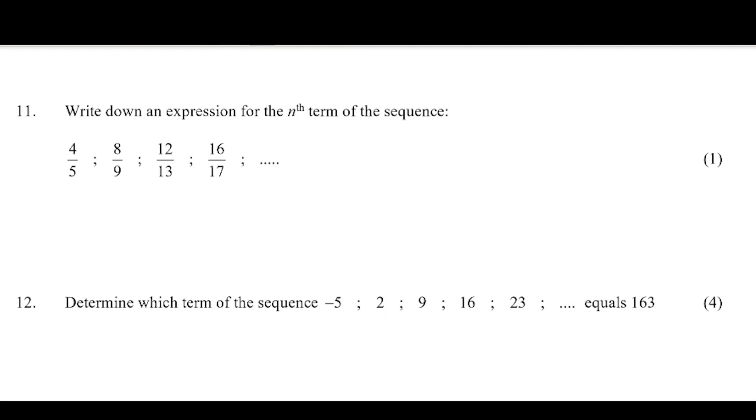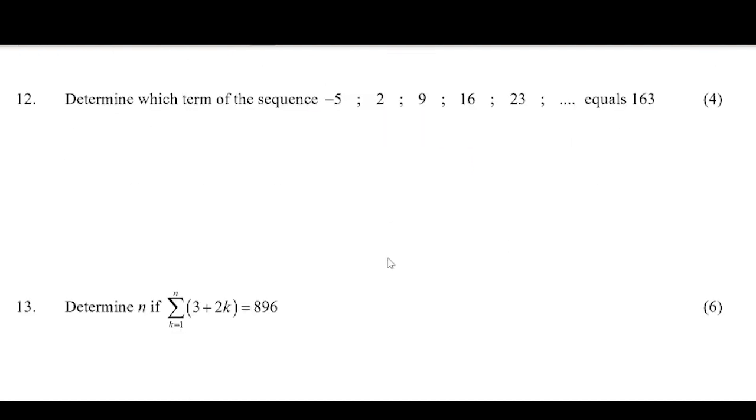So the nth fraction will just actually have 4n on the top, right? And if we look at the denominators, they're just one bigger than the numerator. So it's just going to be 4n over 4n plus 1. That will be the nth term, right? And that's unusual and not necessarily all that straightforward.